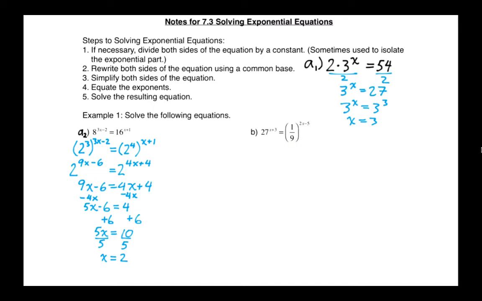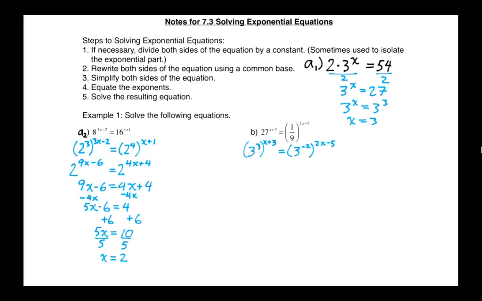And so that's going to give us our first step. Notice that we don't need to divide both sides of the equation by a constant for this example. We can go straight to rewriting both sides with a common base, and I'm going to use 3. As I mentioned, 3 cubed is 27, and 1/9 is 3 to the minus 2.